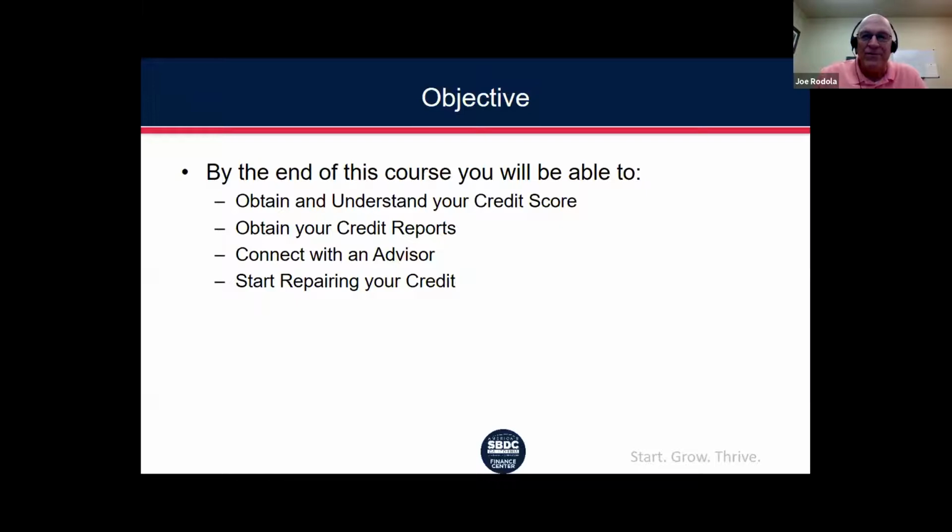Credit reports are one of the things that most of us don't really look at often enough. With this day and age of identity theft, social media, and the capability of things being stolen that you don't want stolen, it's become a more important piece of what we want to see on an ongoing basis. So by the end of the day, you'll be able to know how to see these various things in your credit file and keep track of what's going on.